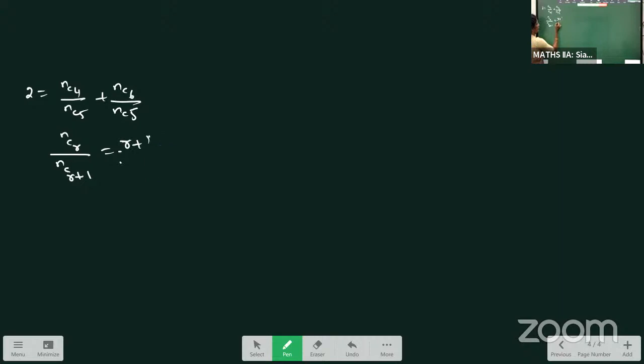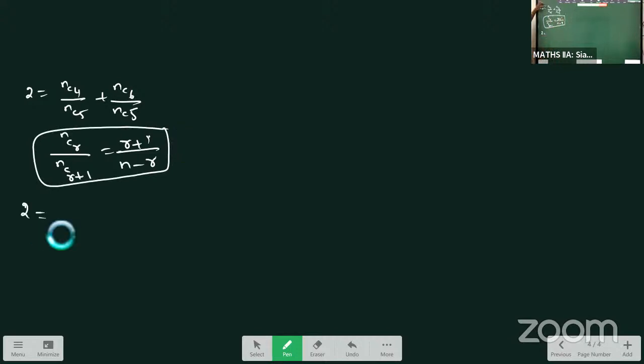We'll apply this formula here. 2 as it is, nC4 by nC5, applying this format with r+1 being 5, we have 5 by n as it is, minus, numerator r is 4, plus, the second term is the reciprocal, so this n−r will be on top, (n−5)/6. Everybody followed this?